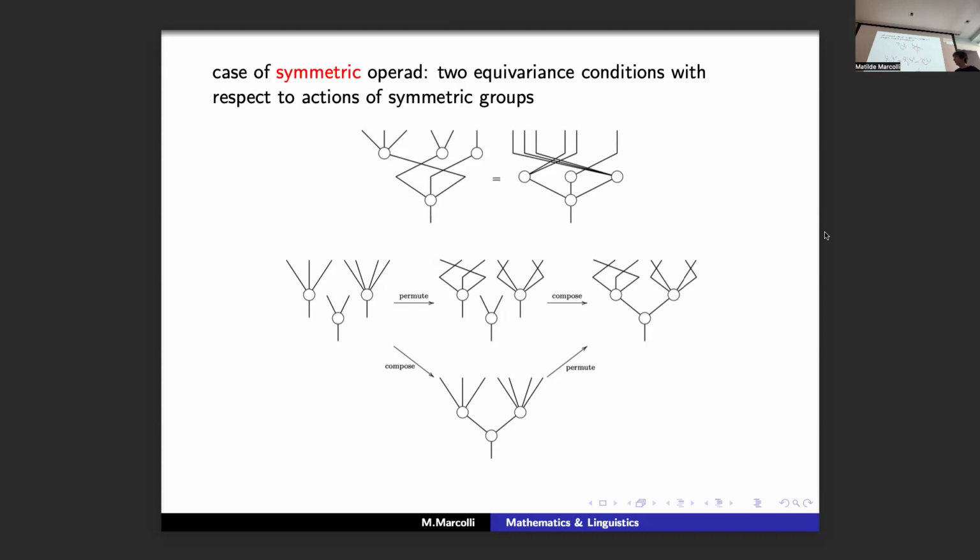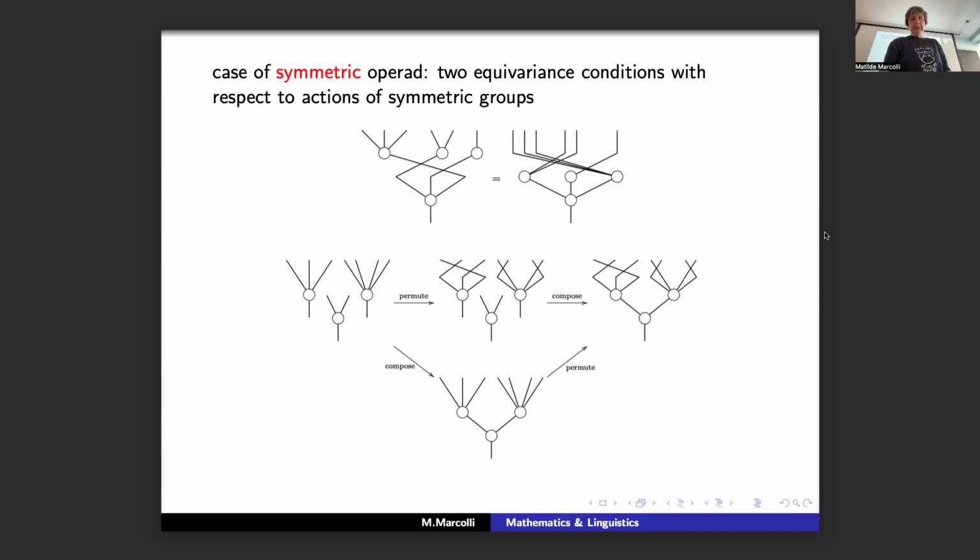And the other is the compatibility of permutations and composition, where again you first permute the inputs and you compose, or you compose first and then you permute the inputs, and this should be the same.